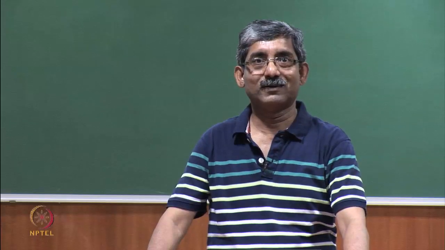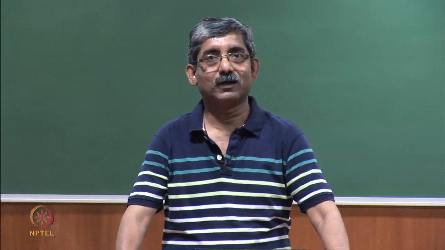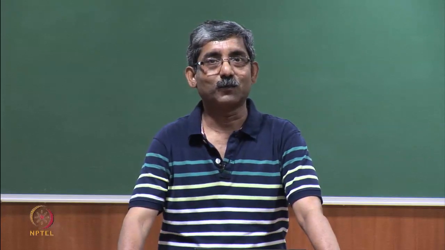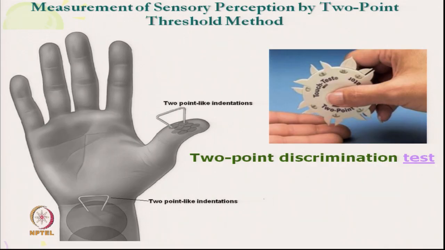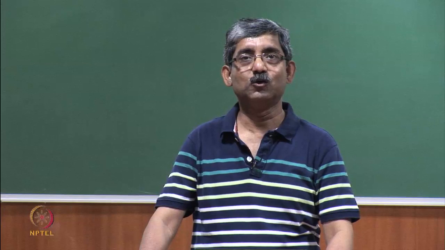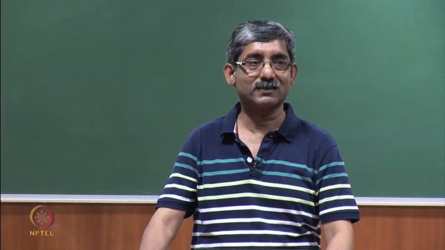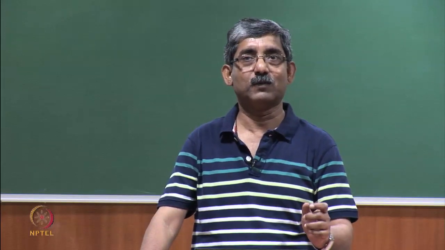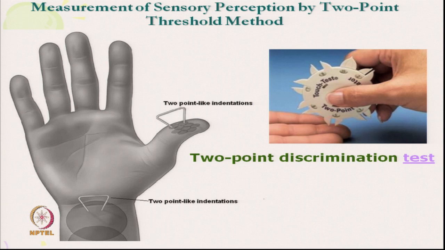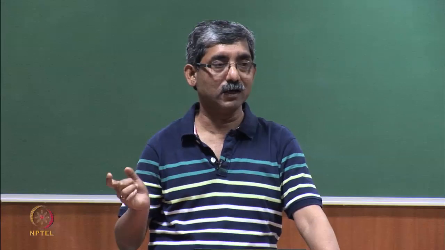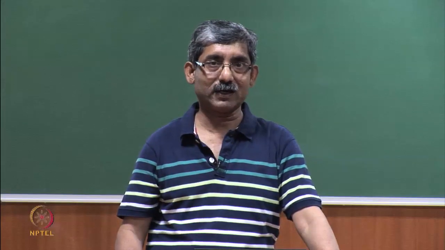So, hello everyone. We will continue with the topic measurement of sensory perception. As we have mentioned, the 2-point discrimination test is where we try to measure the threshold distance at which a person can discriminate two different points of contact.